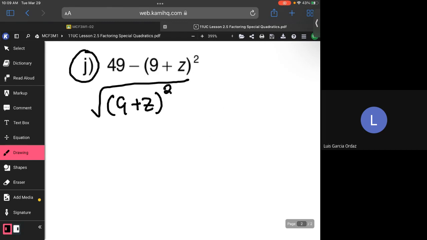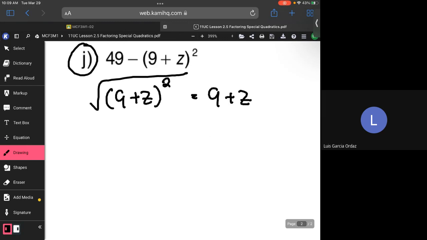We don't have to square root anything inside the bracket. When you have something like this, all you're doing is getting rid of the exponent. What's half of 2? Just 1. So you're left with 9 plus z. And then what's the square root of 49?